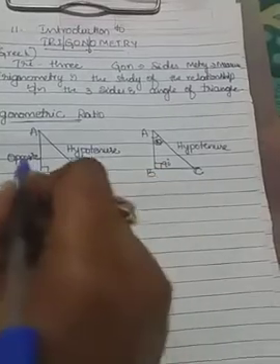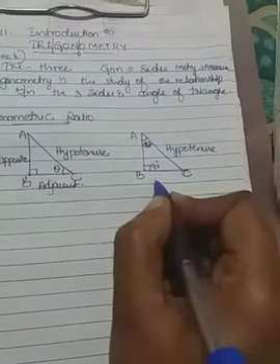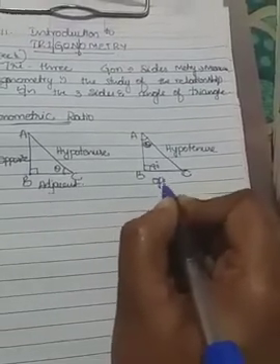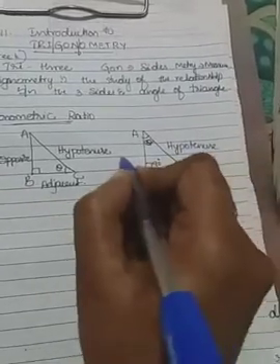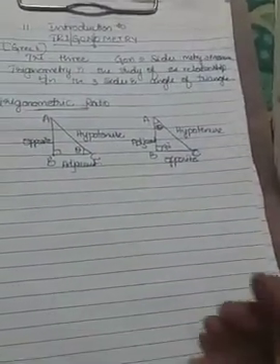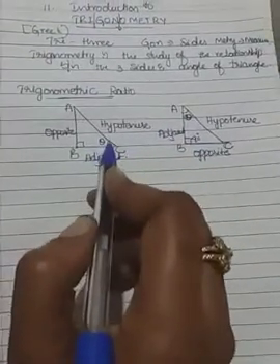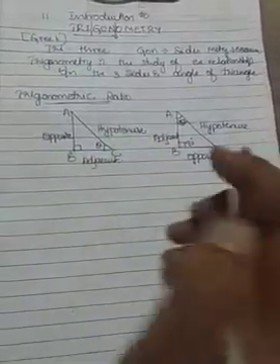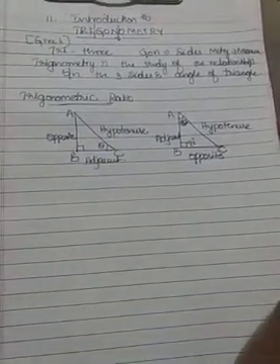If theta is here, BC is the opposite side, and the next side is adjacent. The opposite and adjacent sides will vary based on the angle, to which angle theta is taken.